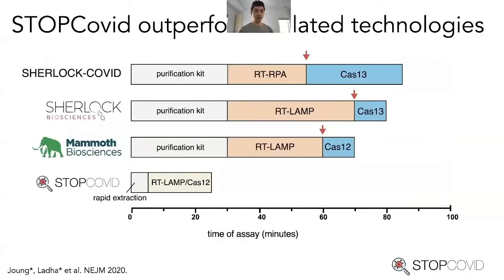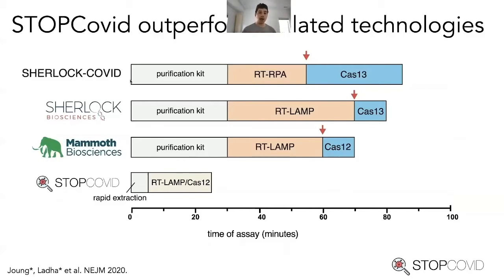So how does this approach compare to other diagnostic approaches out there using CRISPR? In February of 2020, we released a protocol, which we termed Sherlock COVID, that we used for detection of SARS-CoV-2.